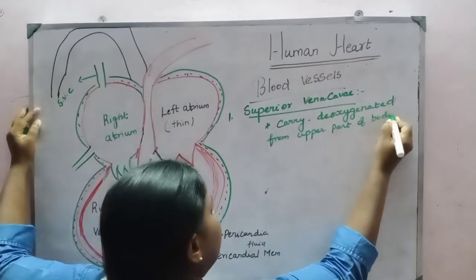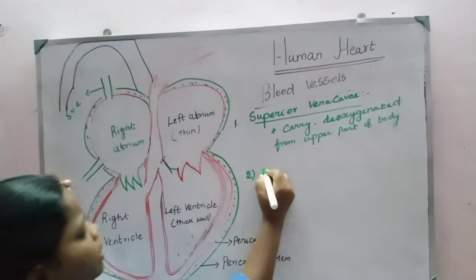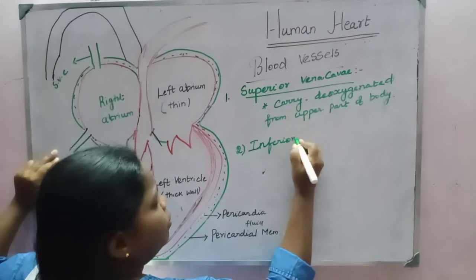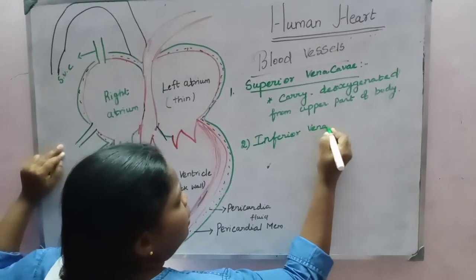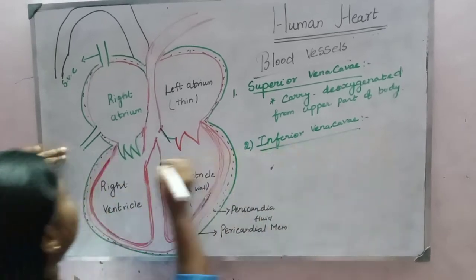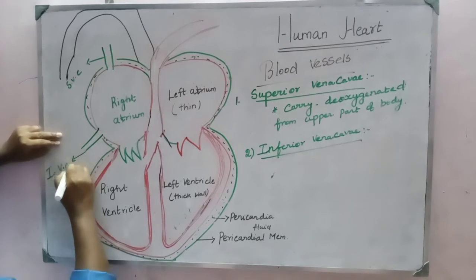Then the second one is called the inferior vena cava. Inferior. Okay. Where is it present? This is called the inferior vena cava.